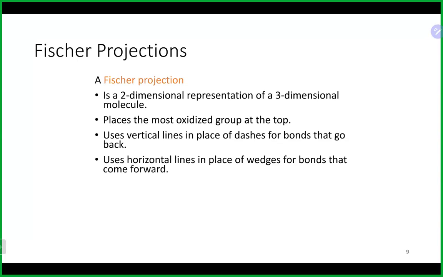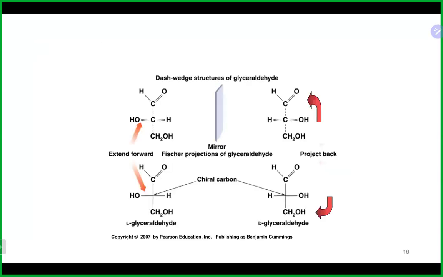We use horizontal lines, and sometimes wedges, to indicate that it's coming out of the paper toward you. You're not going to have to draw too much of the three-dimensionalness, but that's sometimes what these are used for. Again, dashes indicate going behind the paper, and wedges indicate coming out the front of the paper, to try to show those three dimensions.